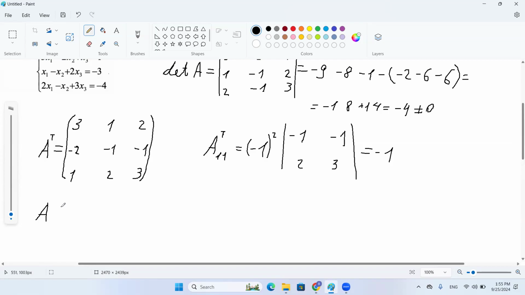It's -1 multiplied by this matrix. So -1 to the power of 3, and the numbers -2, -1, 1, and 2.